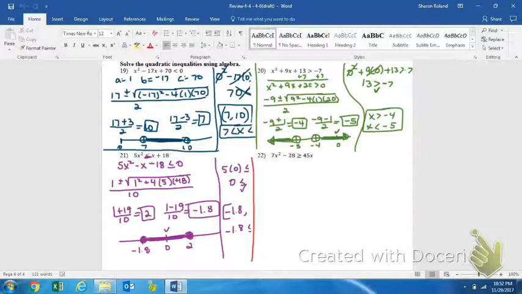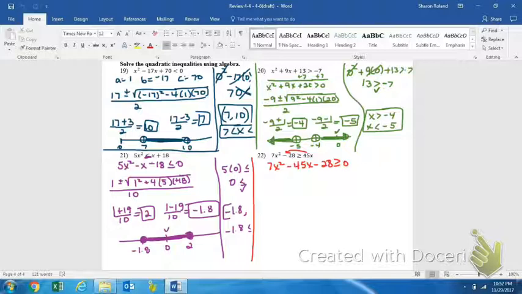Number 22, you have 7x squared, and I'm going to move the 45x over, so that's going to be a minus 45x. Minus 28 is greater than or equal to 0.